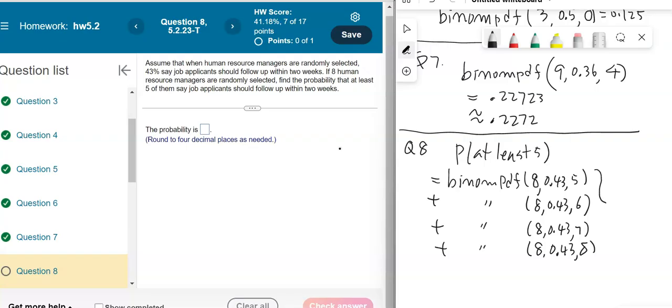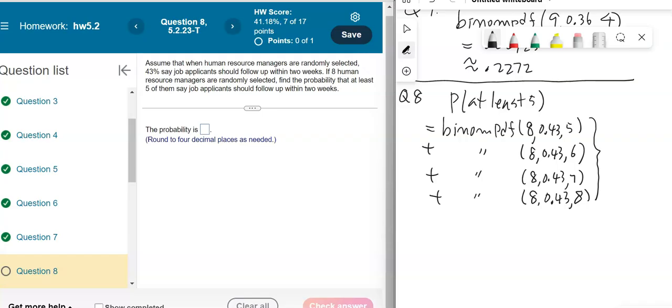You can do all these 4 individually and add them up, or you can say 1 minus binom CDF 8, 0.43 up to 4. You can check yourself whether this is the same as that one.